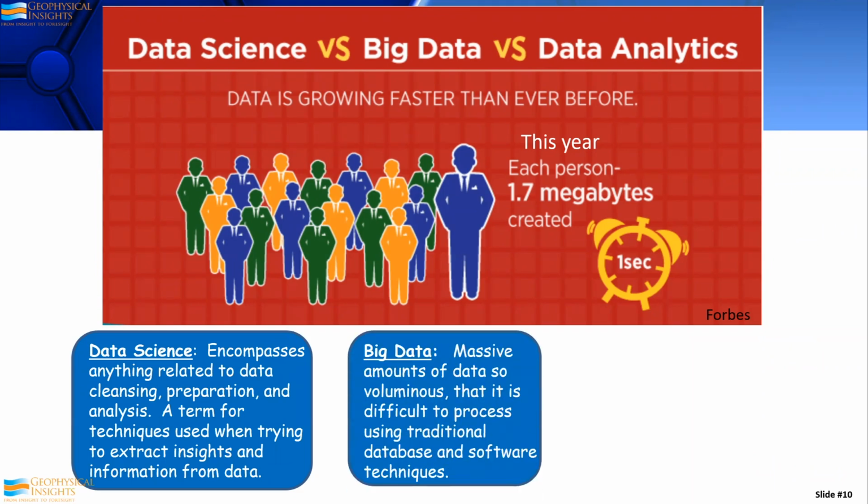Big data is just massive amounts of data that is difficult to process using traditional database and software techniques. Geophysicists, especially seismic interpreters, have been dealing with big data issues since probably the first multi-fold seismic survey was collected. We've always had a challenge of manipulating and interpreting large volumes of data.